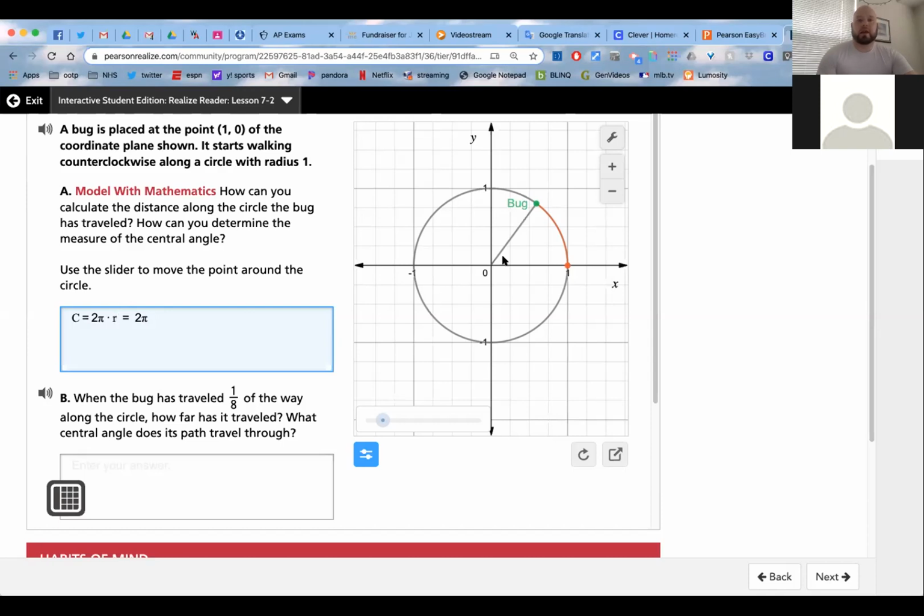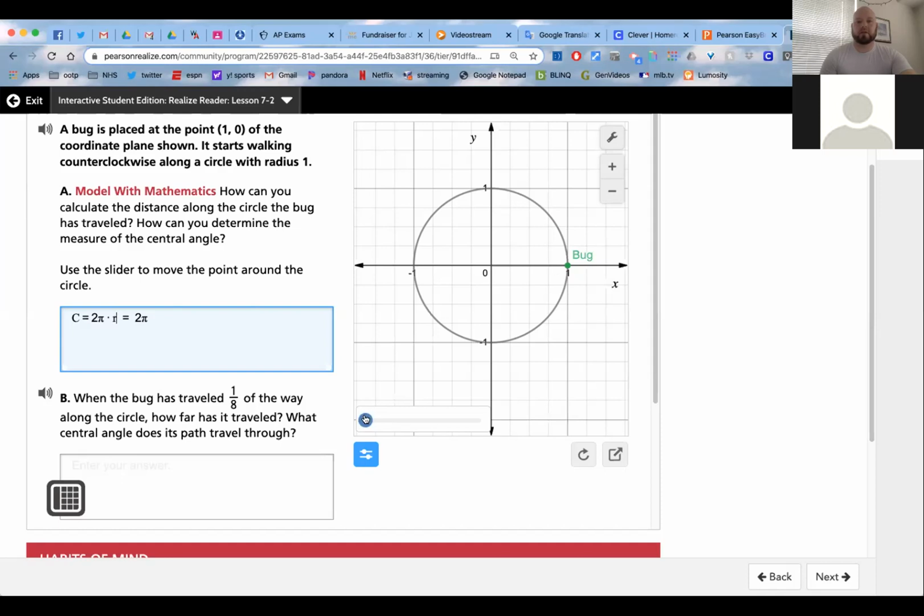If the bug is starting back here at 1, 0, there's no distance at all between the x-axis and how far the bug has gone. It hasn't traveled anything yet. So right now, the central angle is 0 degrees.